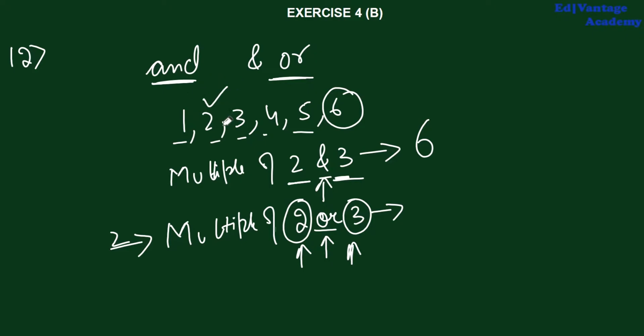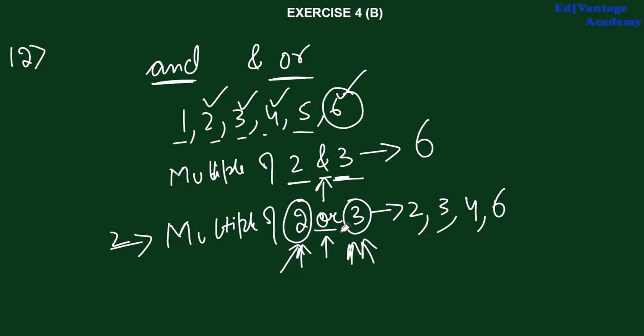2 is a multiple of 2, 3 is a multiple of 3, 4 is a multiple of 2, 5 is not a multiple of either, 6 is a multiple of both. So when they say multiple of 2 or 3, that number has to be either a multiple of 2 or a multiple of 3. 2 is a multiple of 2, 3 is a multiple of 3, 4 is a multiple of 2, not of 3, no problem. 5 is not a multiple of any of them, so 6.